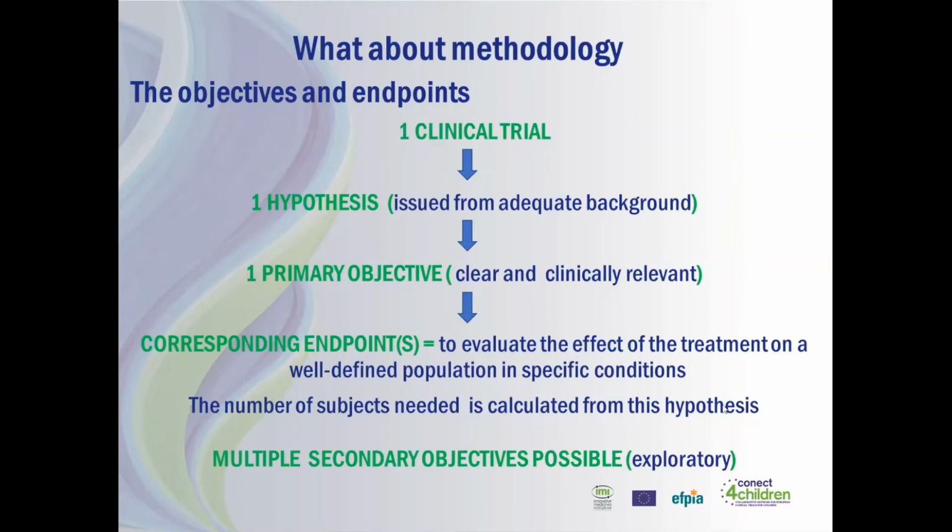So this should be well defined in terms of the condition and the population. And the number of patients you will need for your study will always be calculated from this primary endpoint and this initial hypothesis. You are allowed to have multiple secondary objectives as much as possible. That will be mainly exploratory unless calculations have been made on them.